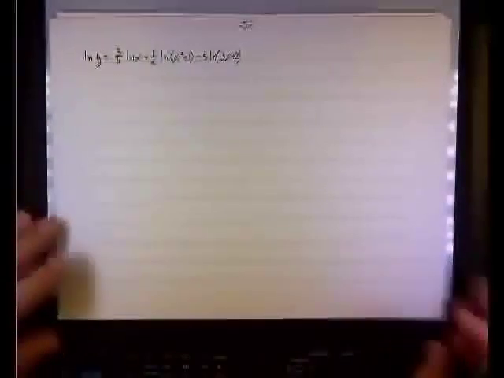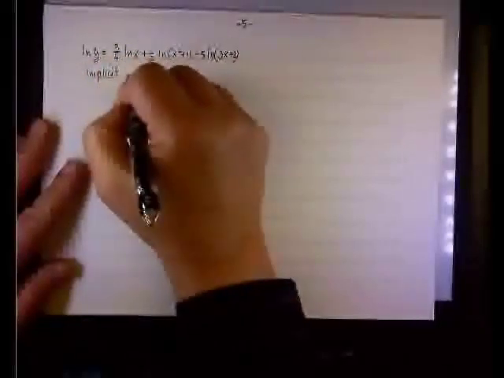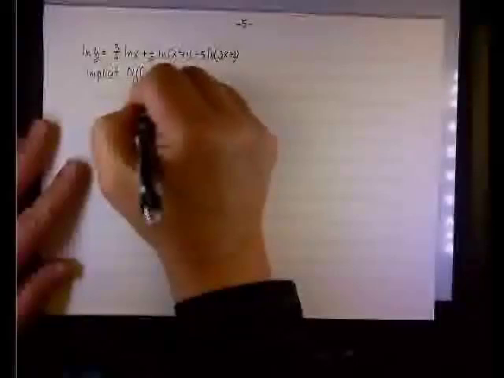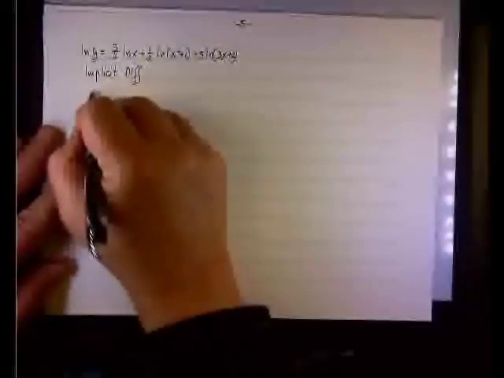So, implicit differentiation now, right? Because we're going to take the derivative of a function containing y. So, what is the derivative of the natural log of y?